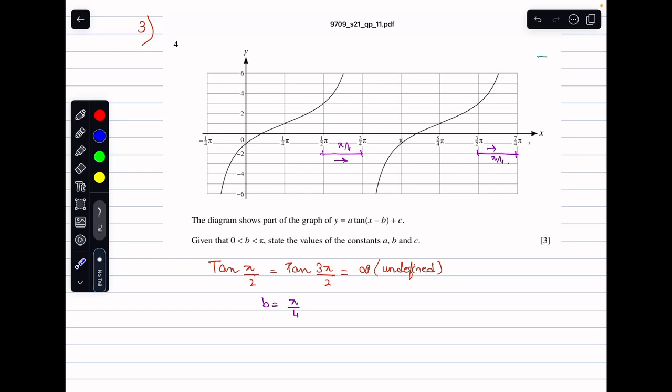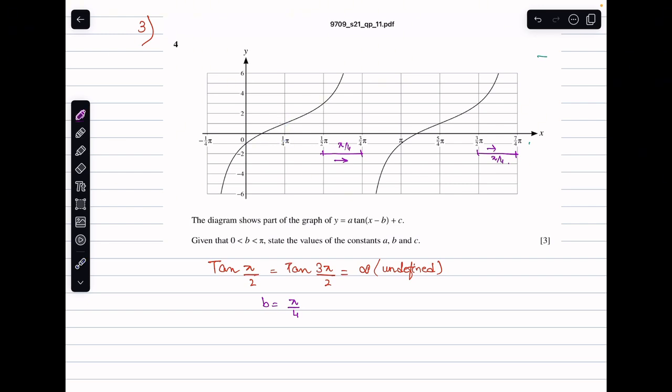So two quadrants, having a period of 180 degrees or pi radians. I'm already saying that the graph has been translated by pi by 4, meaning the 0 value here has been translated to pi by 4 also.